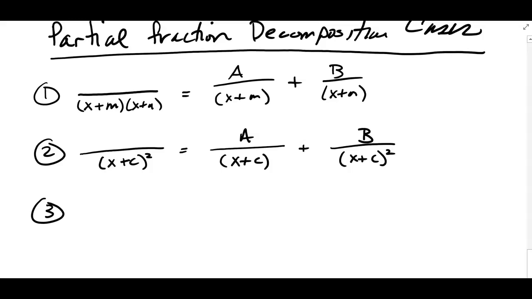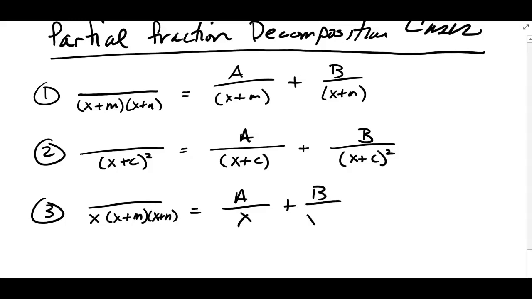And so on and so on. If you had something where you had an x and an x plus m, x plus n, every single one of them is going to be over its own factor, and here you're going to have 3 terms.